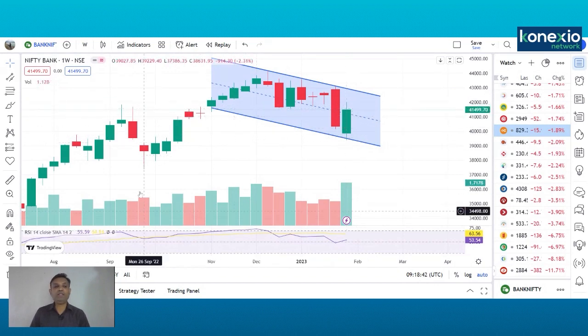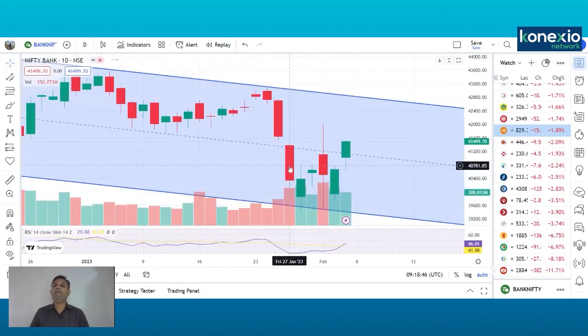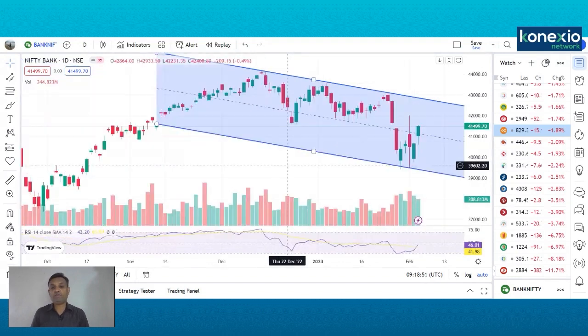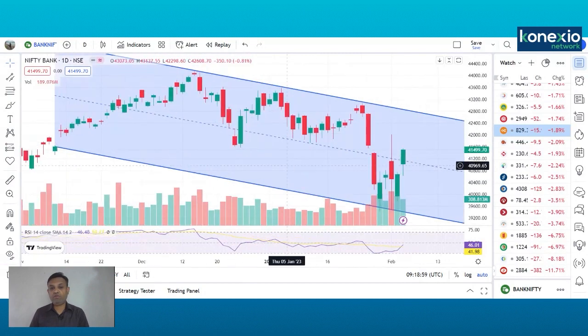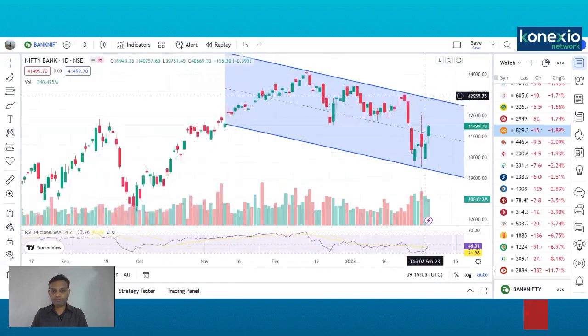So this piercing candle clearly indicates that the momentum at the lower level is very strong, and there is strong support seen at the lower levels. So again, the view is bullish. Sooner or later, Bank Nifty will also break out from this particular falling channel. At least we are expecting in the next maybe 2 weeks, Bank Nifty might break out from this channel.